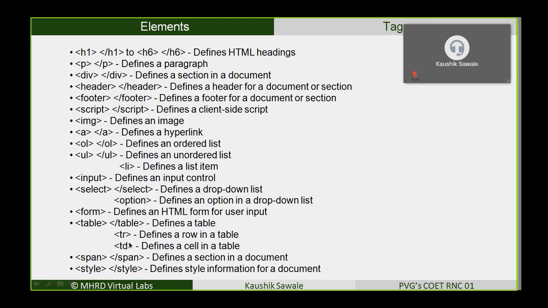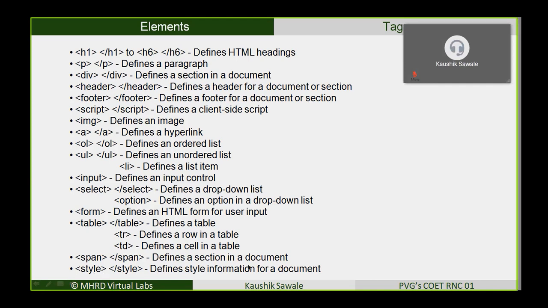So we add a tr tag, it adds a new row in a table, and td tag defines a cell in a table, the data which we put in a cell of the table. The span tags are a small section in a document, a particular very small section. If you want to have just a piece of content or information or text, you can use span tag. Only the selective part, it becomes easier to edit that.